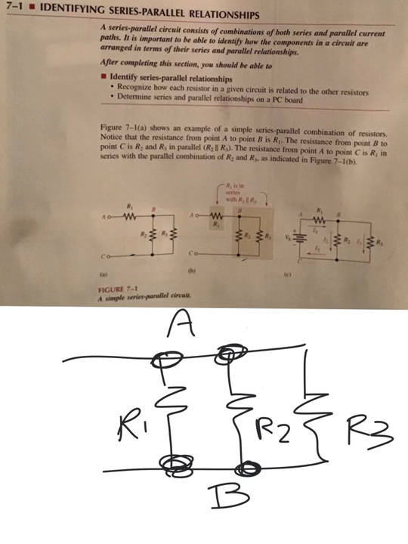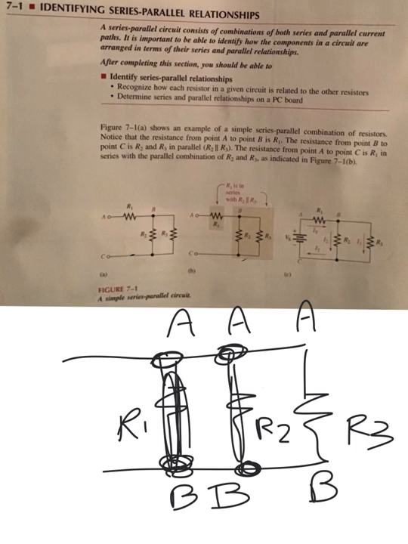There's only 2 points of contact, and every circuit component is touching each other. So what I mean by that is there are 3 point A's, and all the resistors are hooked to that spot, and there are 3 point B's, back to back to back. That's what you call a parallel circuit.